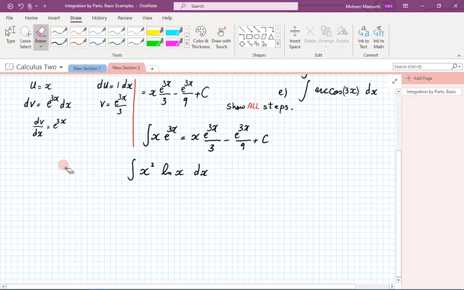Let's see what options we have. We could have taken, for example, u to be x squared and whatever is left is dv. You see right off the bat that we are going to have an issue. du, I have easy way of calculating what du is, but v, well, I actually have a challenge in front of me as to what is the antiderivative of logarithm of x.